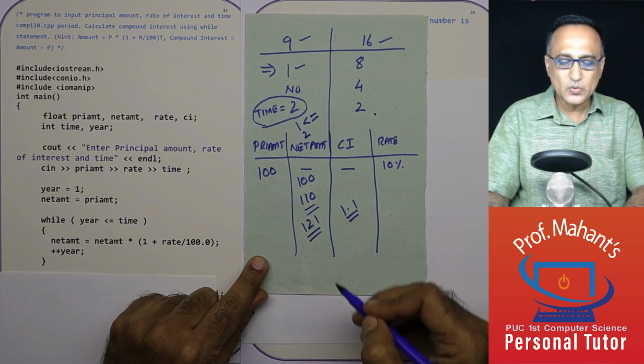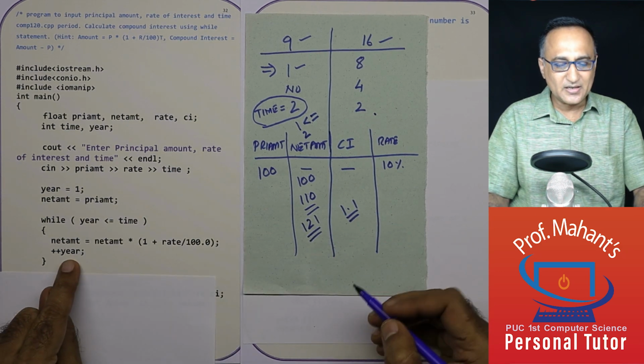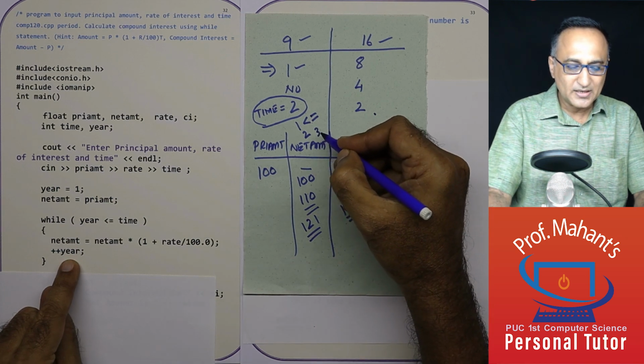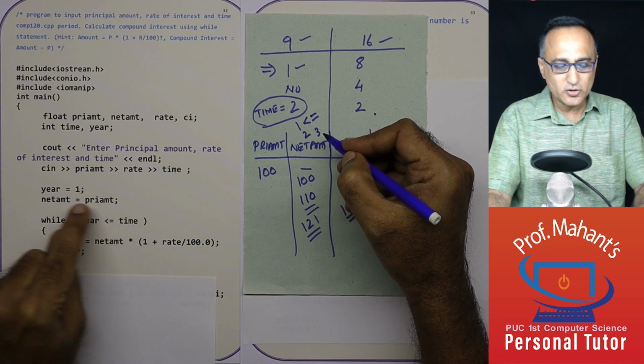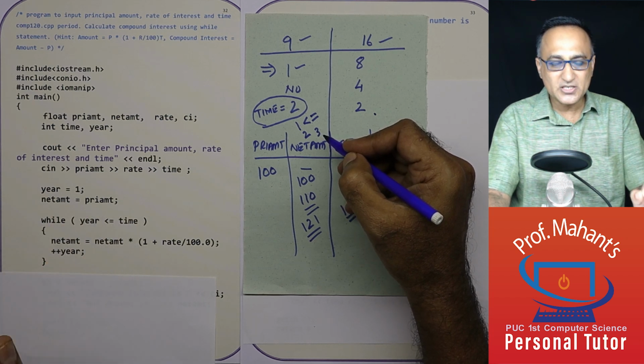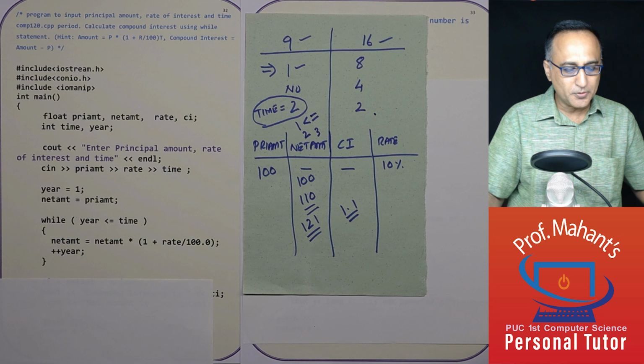So the new net amount is 121. Year now becomes equal to 3. When I come back here, is 3 less than or equal to 2? It is false. So the loop body execution is completed, and I am going to come out of the loop.